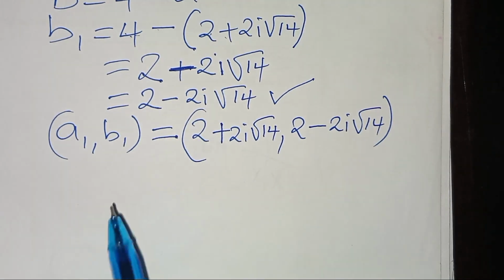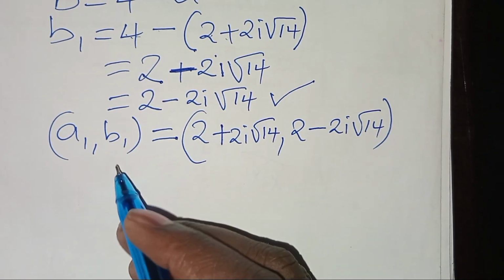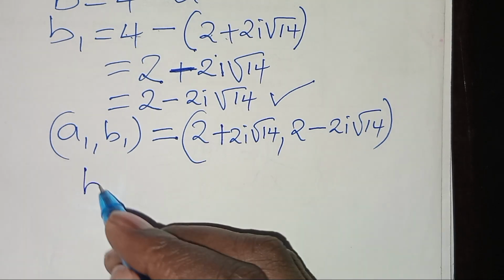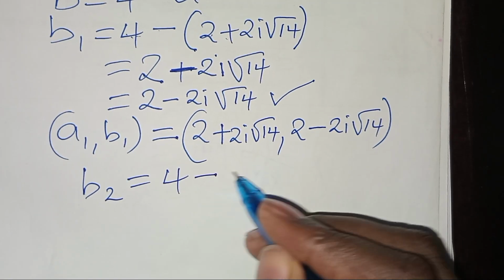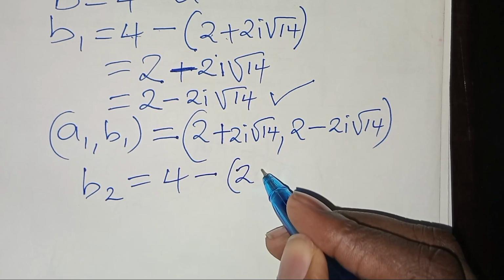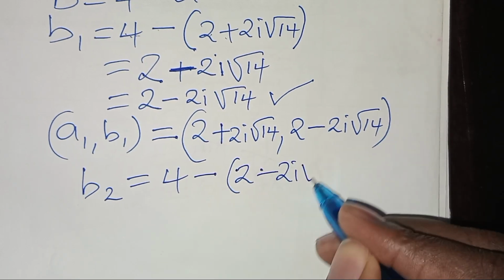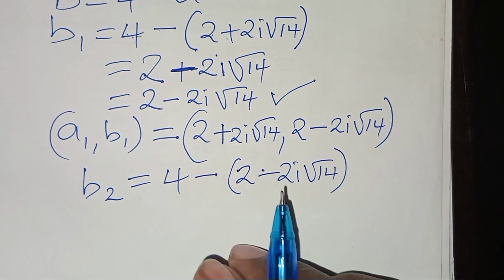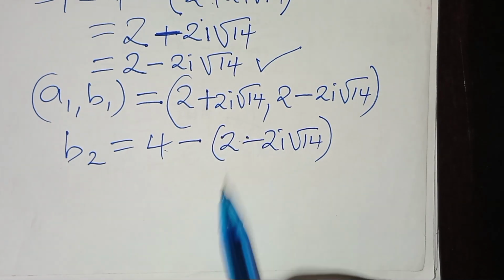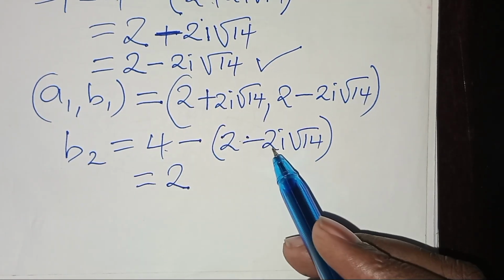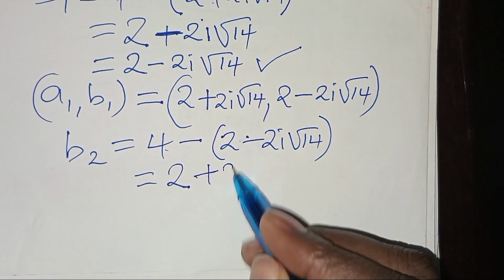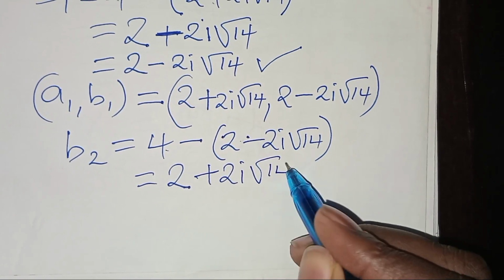Now let's get the A2 and B2. We have that B2 is equal to 4 subtract A2. A2 is 2 subtract 2i square root of 14. Now this is 4 subtract 2, which is 2, and negative times negative 2i becomes plus 2i square root of 14.